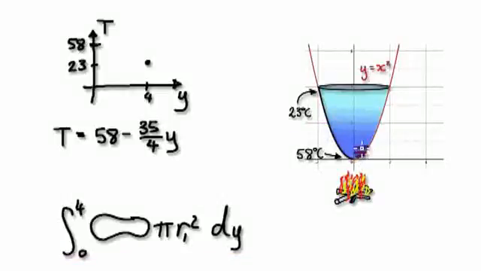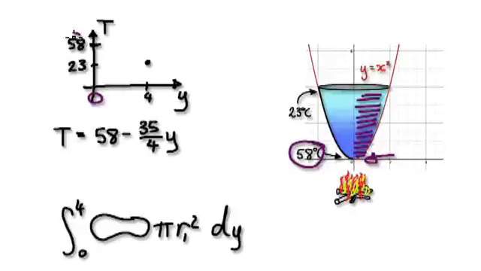Remember, we're summing up all the disks. So we want to set up the temperature in such a way that when y is 0, the temperature is 58. So we want it to cross right here. And then we want to set it up in such a way that when y is 4, the temperature is 23.